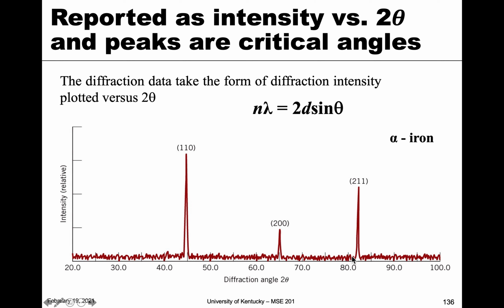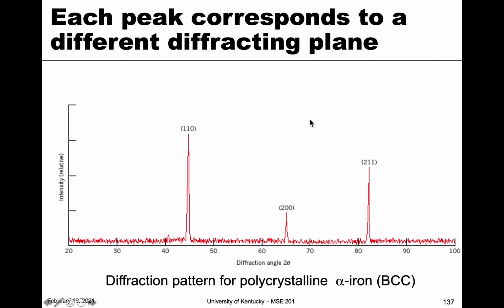So these are our Bragg angles, and using Bragg's law, we can plug in the angle and the wavelength of the experiment used, and we can determine spacing. So what that means is that each one of these peaks corresponds to the spacing between a given set of crystallographic planes.